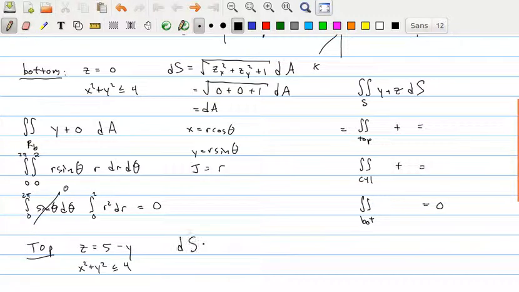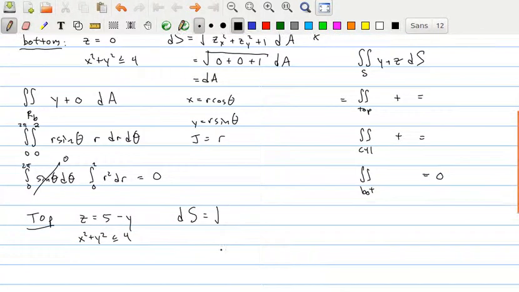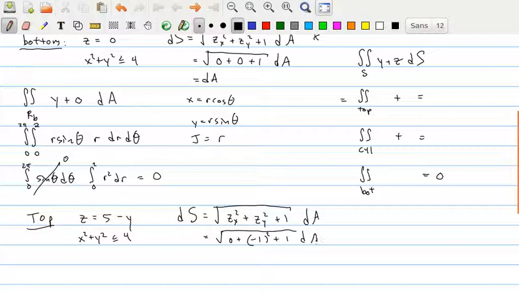First up, to get dS, this is given by our partial derivative formula: square root of partial z with respect to x squared plus partial z with respect to y squared plus 1, dA. The partial of z with respect to x, well, our surface z doesn't depend on x, so that's 0. The partial of z with respect to y, in this case, is negative 1, which is squared, plus 1, dA.